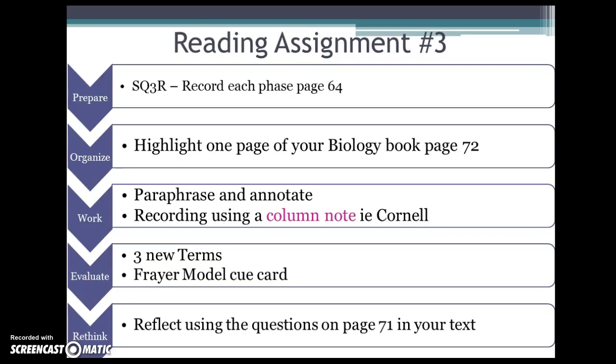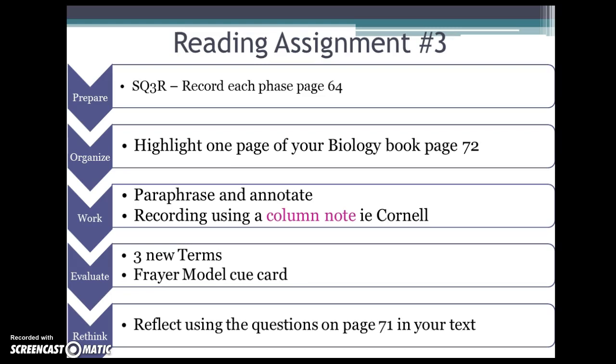So the reading assignment that we have that comes in after reading week, you're going to be using the SQ3R. You're going to be photocopying a page from a textbook. You can use bio, you can use chemistry, and you're going to demonstrate how you would highlight. And I'm going to teach you how to do that in a minute. Paraphrase and annotate. Record your information using Cornell Notes.